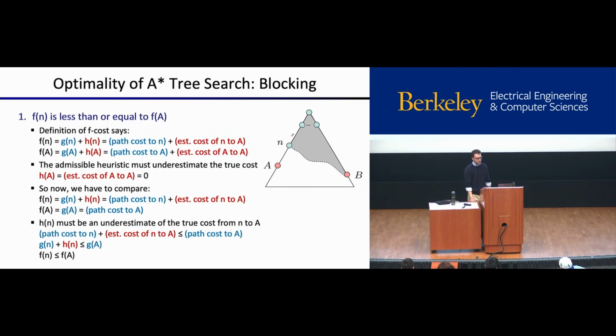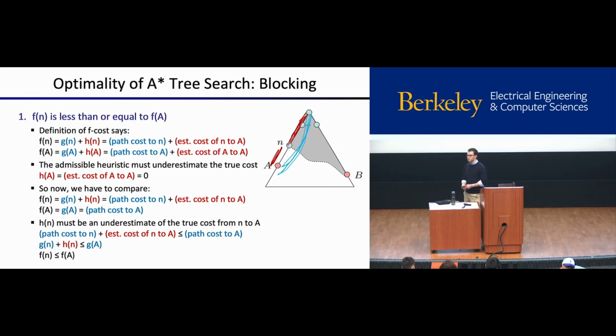Okay? So I'm going to claim that H of N must be an underestimate of the true cost from N to A because it's an admissible heuristic, which means that the total path cost, which is the path to N, which I'll put in red here, plus the path from N to A, has to be less than what I'll put in blue, which is this straight path just going directly to A, right?